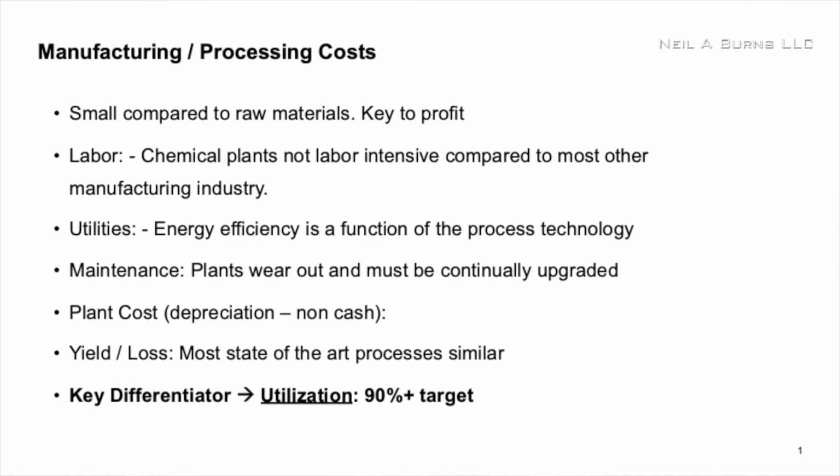In order to spread those fixed costs across as many units of production as possible, your differentiator in terms of product cost versus a competitor who's, say, processing the same raw materials and using similar technology is going to be plant utilization. If you can keep plant utilization up over 90%, you're probably going to be doing okay.